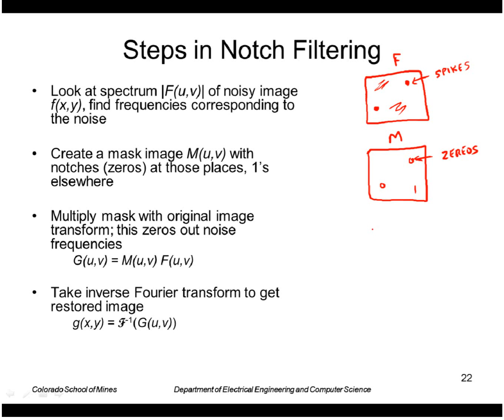Then we'll multiply the mask image times the Fourier transform of our input image, and we'll get the transform with zeros at those places. And finally, we'll take the inverse Fourier transform of capital G, and we'll get our enhanced image, or our restored image.